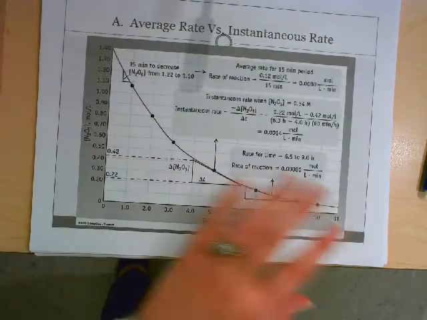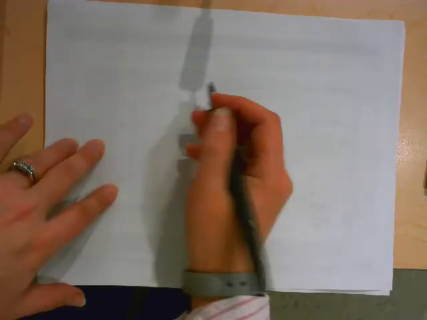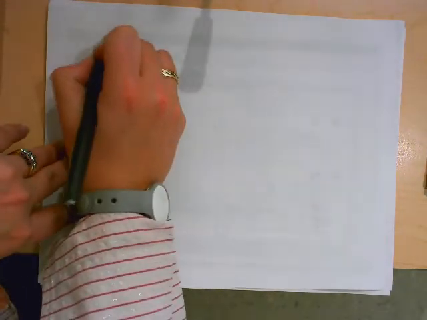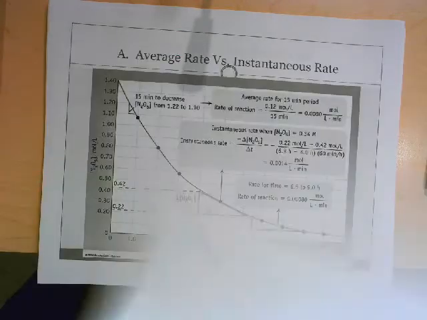All right, so this is kind of overwhelming. So let me do some stuff first, and then we'll look at the crazy graph. It's the same Roman numeral or letter: average rate versus instantaneous rate.